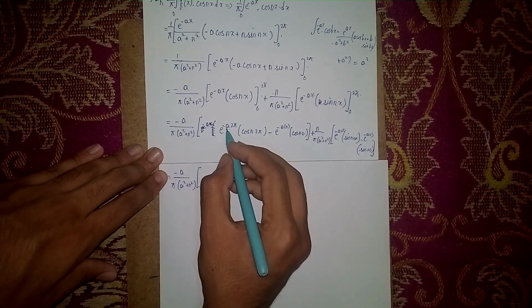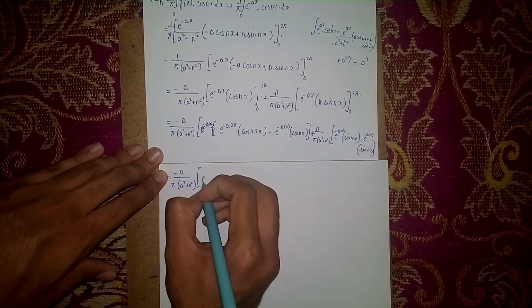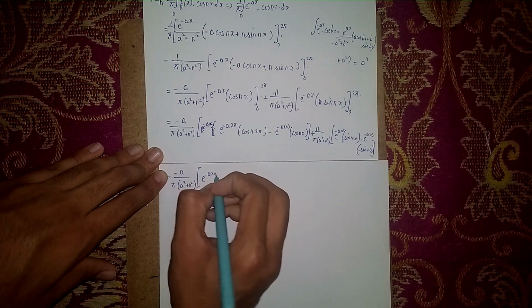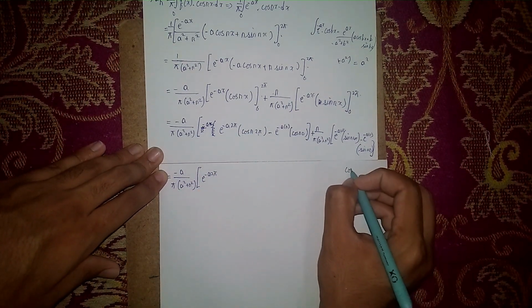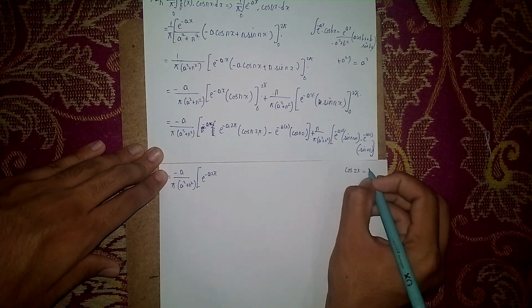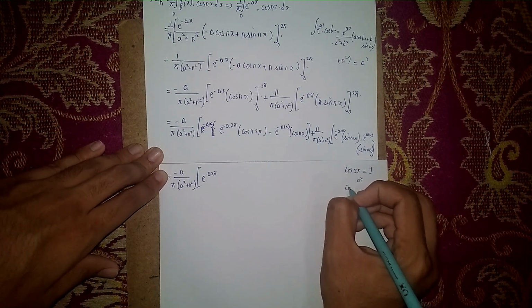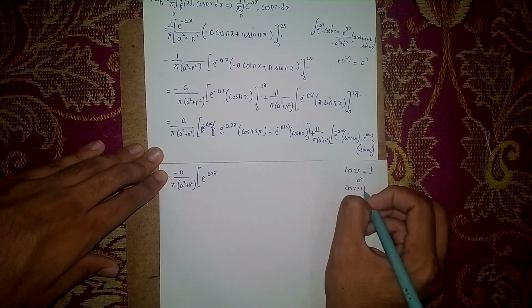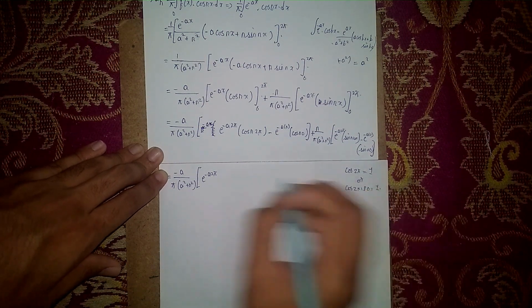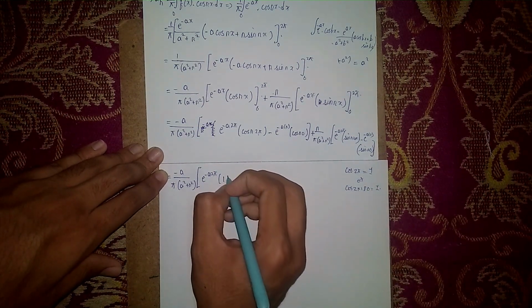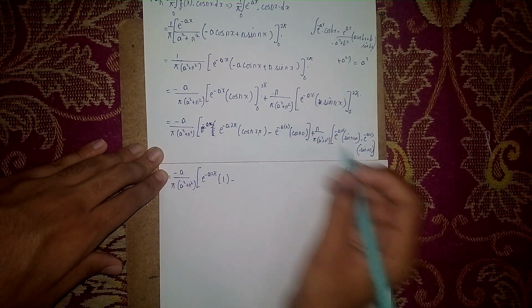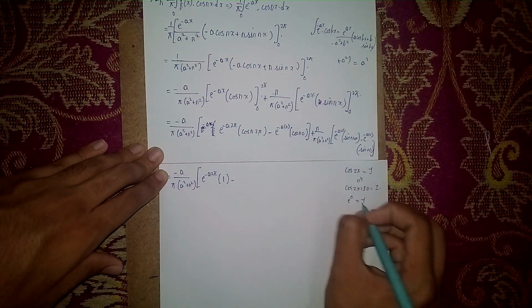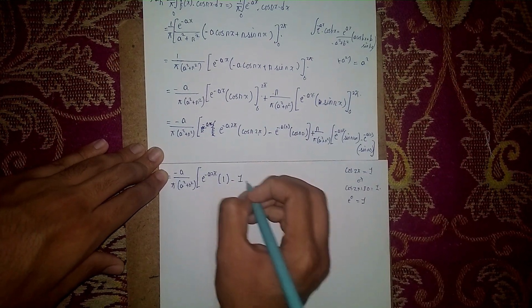Now e power minus a 2 pi is as it is, then cos 2 pi value, always remember cos 2 pi is equal to 1, or cos 2 into 180, pi is equal to 180. So it becomes into 1 minus, and minus a into 0 becomes 0. E power 0 is equal to 1, minus 1 into 1.